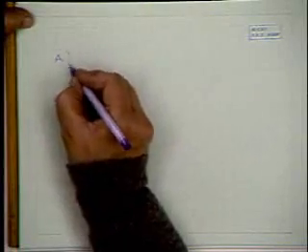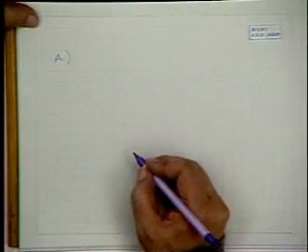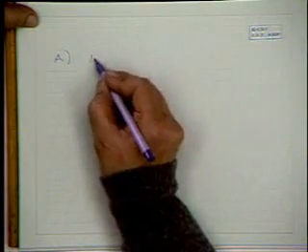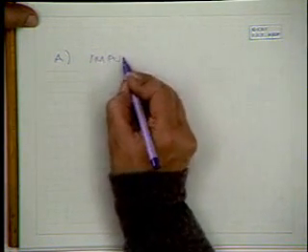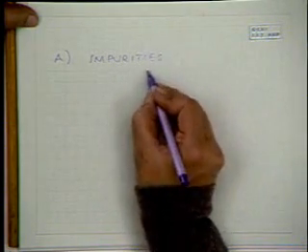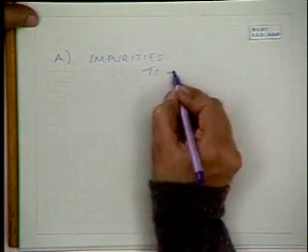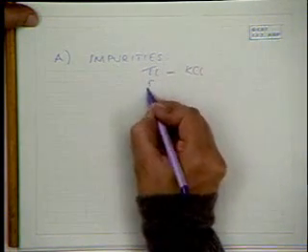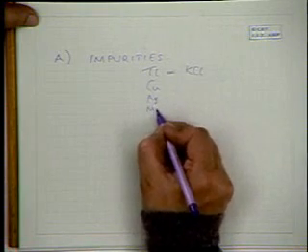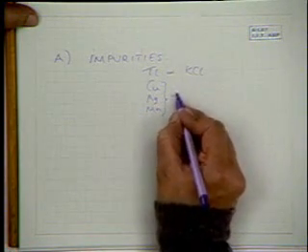Another way of classifying luminescent materials is by distinguishing between luminescence due to impurities such as thallium in KCl, or copper, or silver, or manganese in zinc sulfide.